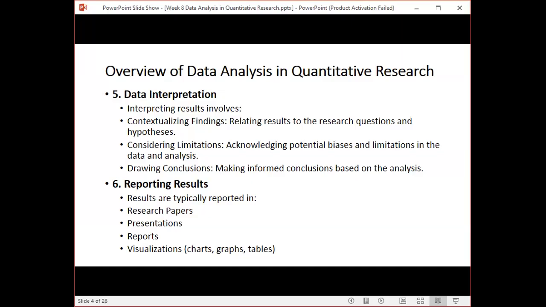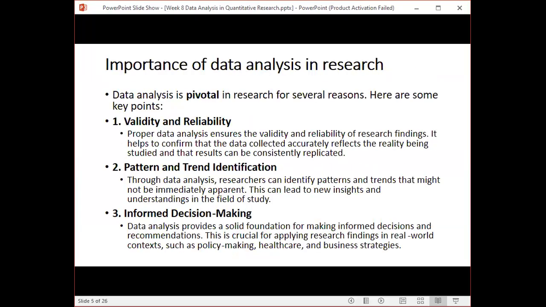Through research papers and presentations, using charts, graphs, tables, and so on. So the overview of research in terms of quantitative analysis is that we go through these stages I have spoken to you about: data gathering, cleaning or preparing the data, the analysis itself, interpretation, conclusions, and so on.